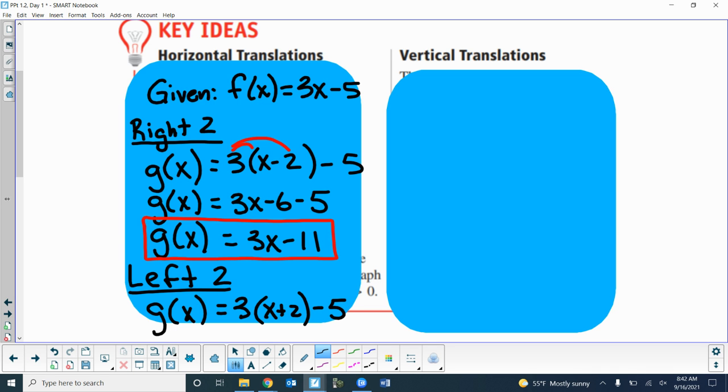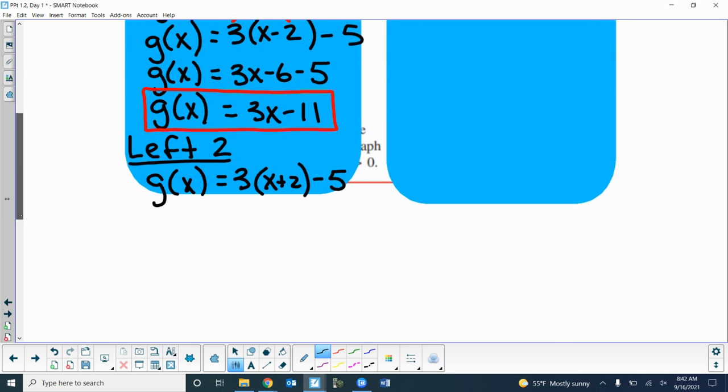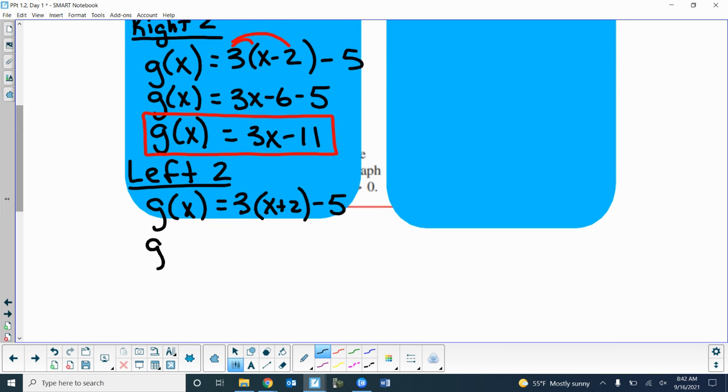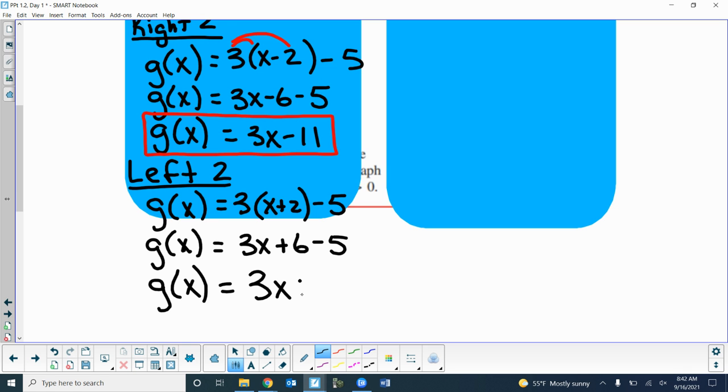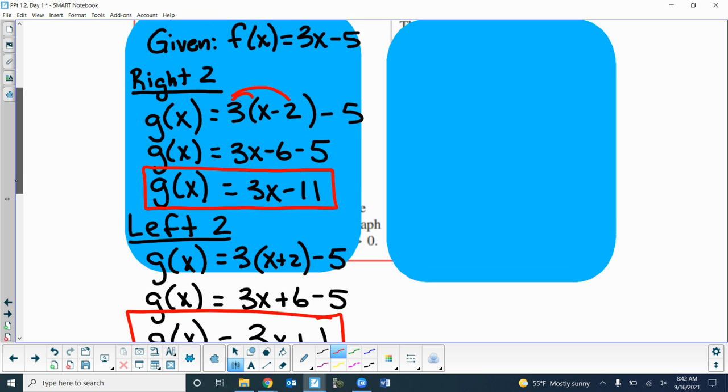If we're going left, we're going to go x plus when we substitute that in. To simplify, it's 3x plus 6 minus 5, which gives us the function g, 3x plus 1. So that will move it left 2 from our original function.